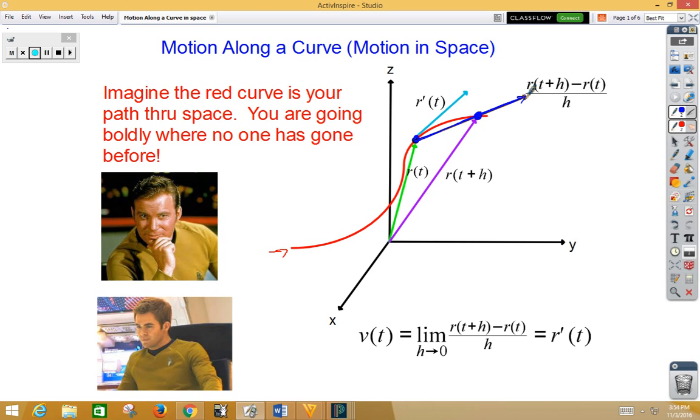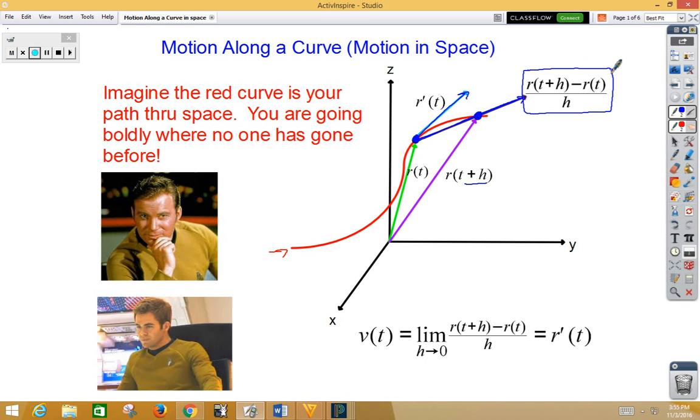But what we want to know is what's going on at this single point, so we want the slope of the tangent line. Like in 2 space and like in Calc AB in the definition of the derivative, the distance between the 2 points is h. So if we use the difference quotient, we get r of t plus h minus r of t over h.